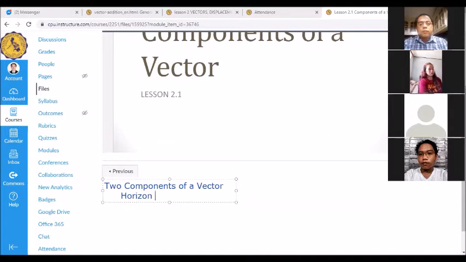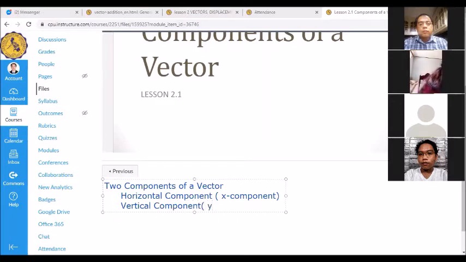And sometimes they call it, guys, the x component. So that's one term that they use. So it refers to the x-axis, and then the other one is the vertical component, or this is basically the y component.